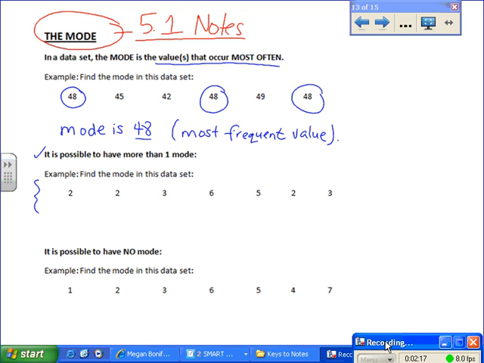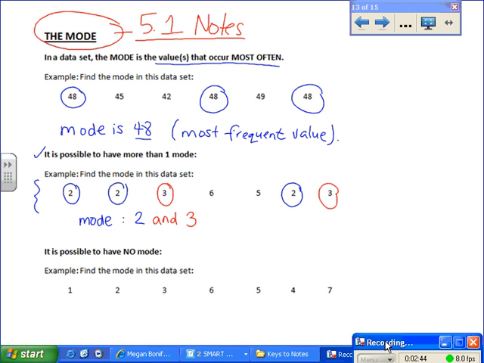I see that the number 2 is occurring multiple times, so definitely one mode is 2. But I also see that the number 3 appears twice. So it is true to say that 2 is a mode, and in this case, 3 is also a mode because I do see 3 occurring more than once here as well.